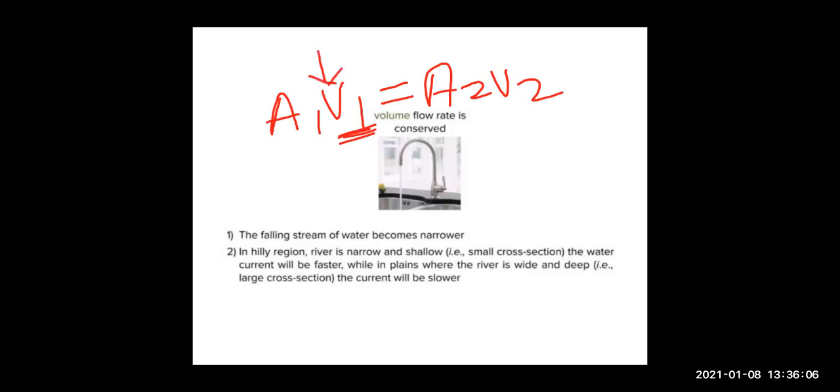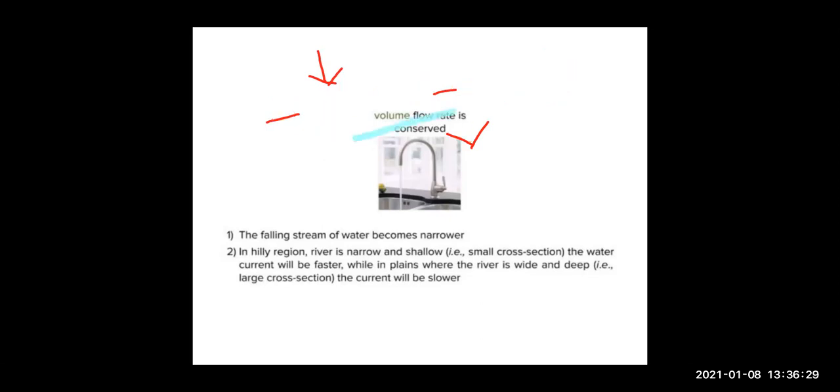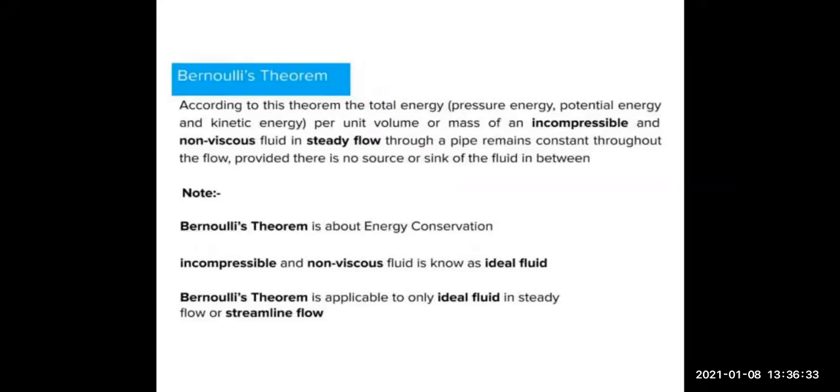But when the water starts flowing, due to the acceleration due to gravity the velocity increases. So as the velocity increases, in order to follow the equation of continuity, the area has to become less. Area becomes less means the stream of water becomes narrow, right? So this is the answer to this question, that the flow rate is conserved.